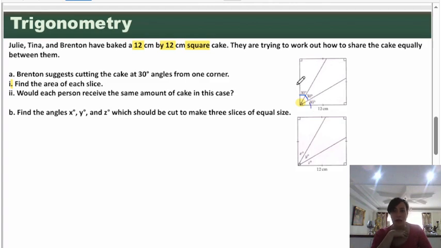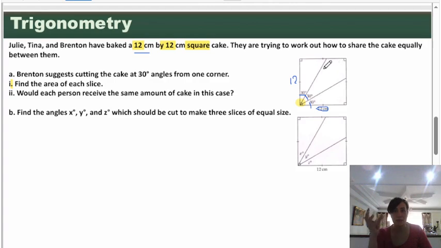The side length of this square is 12, and here we see 12 as well. I can write the area of these pieces.